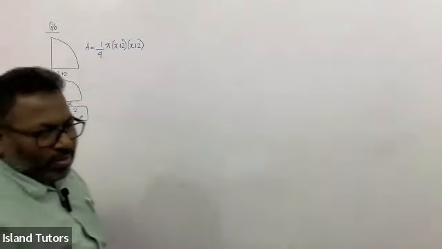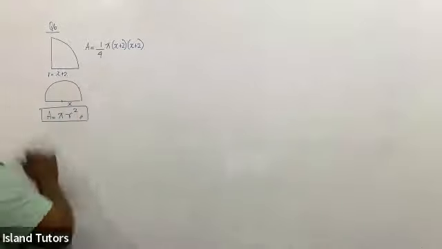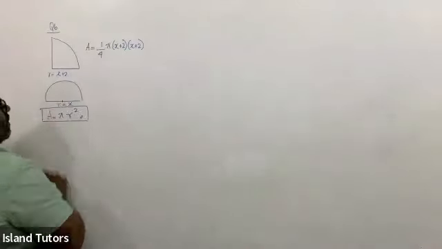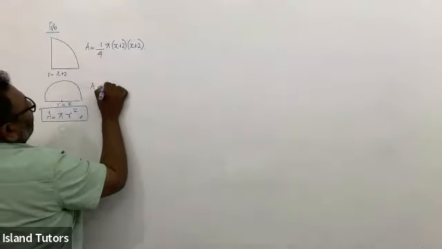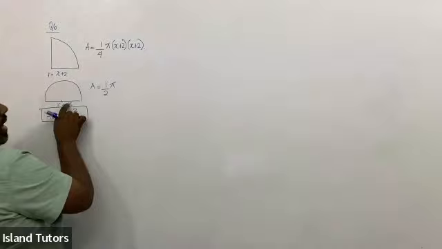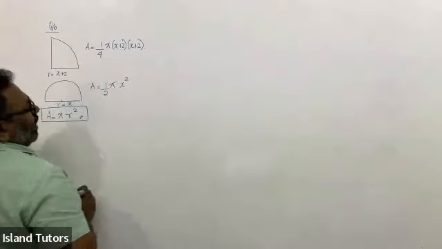So your radius here is x plus 2, and here the radius is x. So area of semicircle is half into pi, r is x, so x squared.